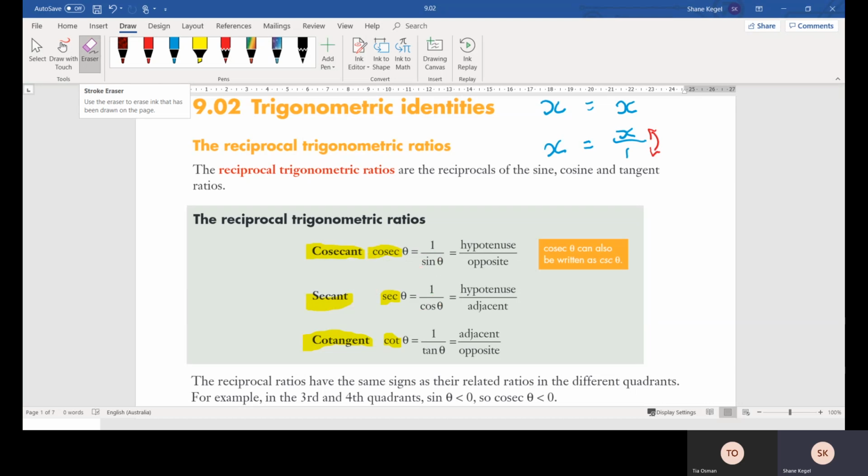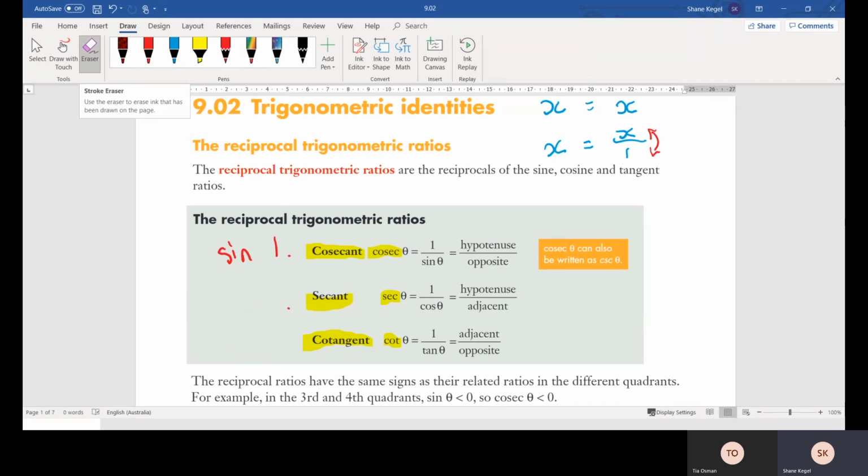The way I remember it is in order: that's number 1, number 2, number 3. We start with the sine one, then the cos one, then the tan one. The word cotangent has tan in it, so we know that's the reciprocal tan function. For the other two, you just have to remember it's what you kind of think it is, but it's the other one. Unfortunately, there's no real easy way of remembering those ones.